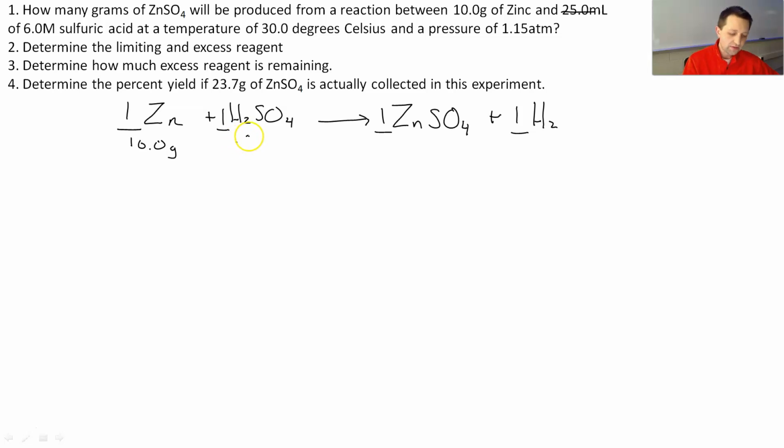So that is 0.025 liters, and I have 6.0 molar sulfuric acid. Remember that 6.0 molar is equal to 6.0 moles of acid over 1 liter. So we're going to use that conversion. Remember, we can unpack that and use that. It says how many grams of zinc sulfate will be produced.